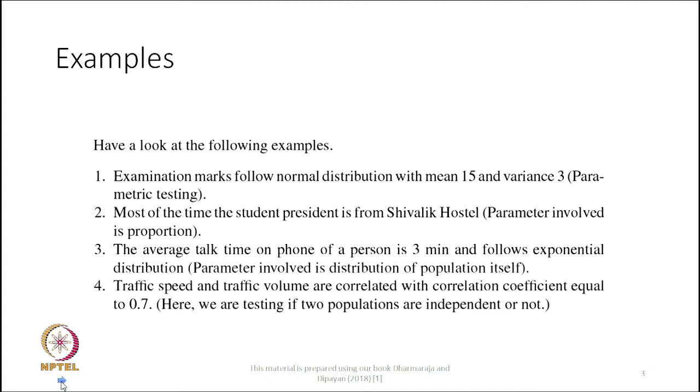So, these are all statements regarding the population. The first statement is about the population mean and the population variance.